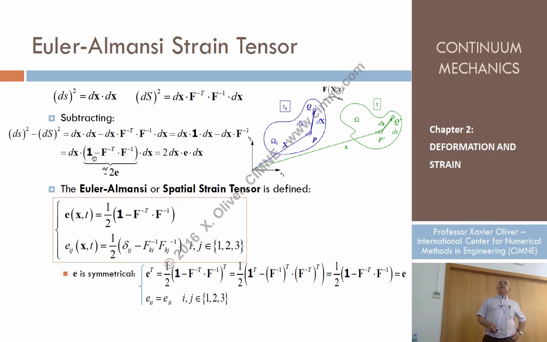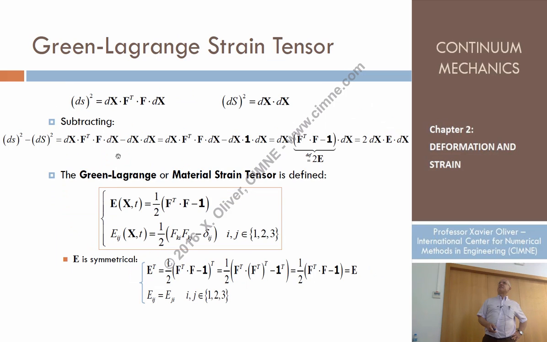But what is interesting is what I've obtained here in these operations. This is 1 minus f minus T, f minus 1. Sorry, maybe I just skipped one step. I see that this difference can be expressed in terms of the differential of capital X, and here something: f transpose times f minus 1.